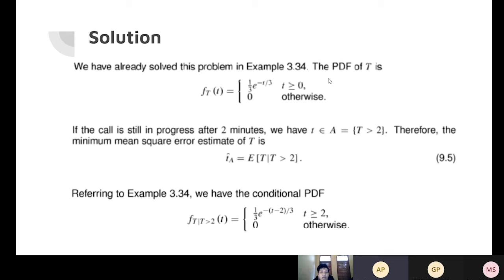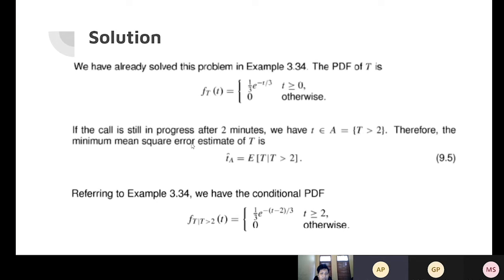The PDF of t has been solved in example 3.34, which is the function f_T(t) equal to 1 over 3 times the exponential of minus t divided by 3 if the time is equal to or greater than 0, and 0 if it's less than that. But in this question, the call is still in progress after 2 minutes. So we have A, the event that t is greater than 2 minutes.